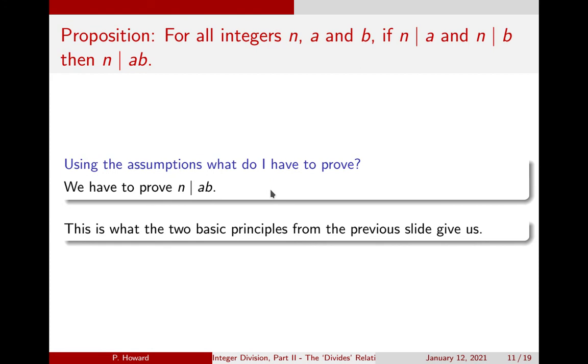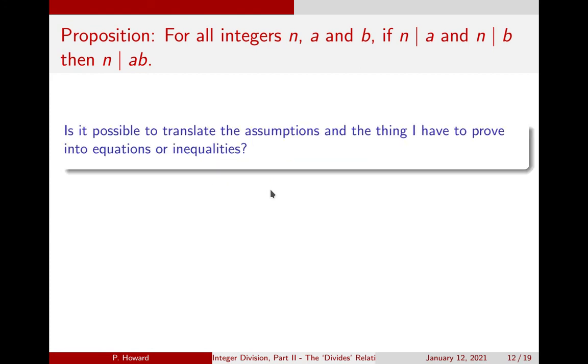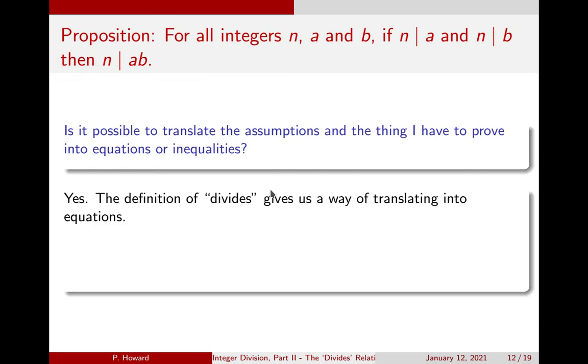And now the third question, is it possible to translate the assumptions and the thing we have to prove into equations or inequalities? And the answer is yes. The definition of divides will give us a way of translating into equations.